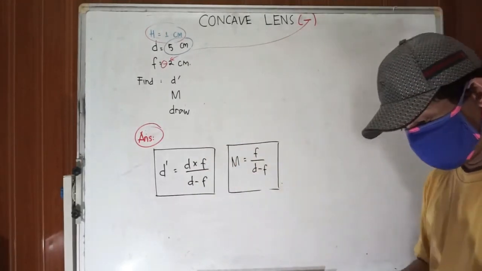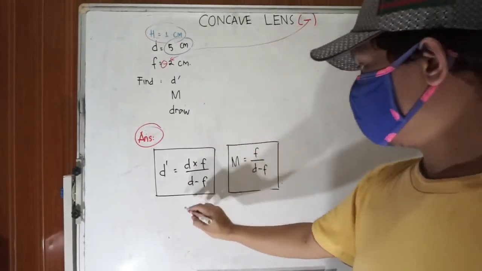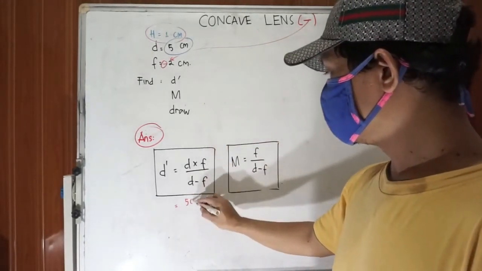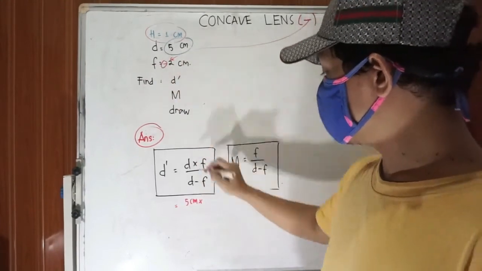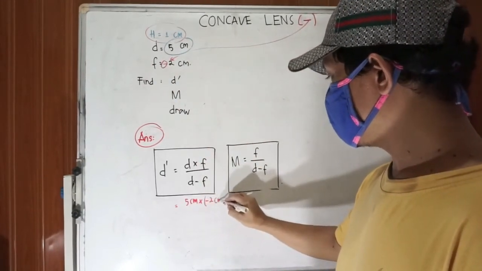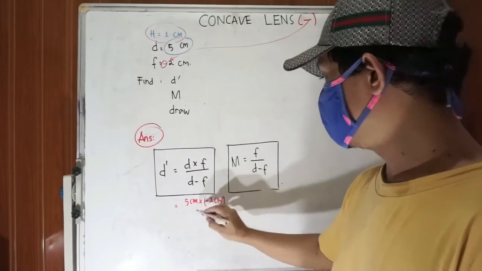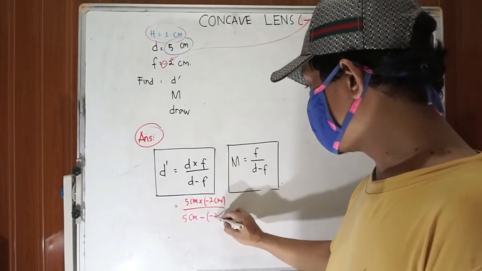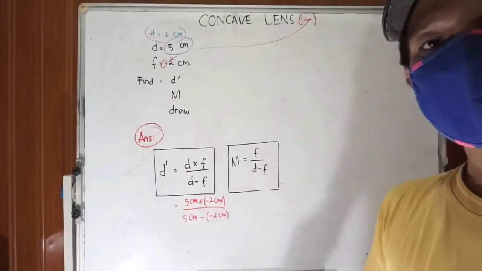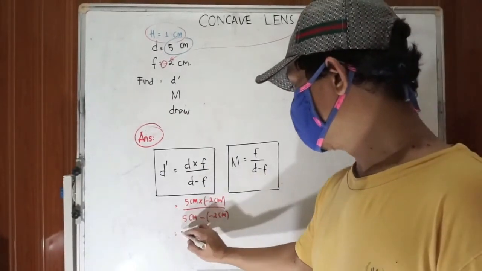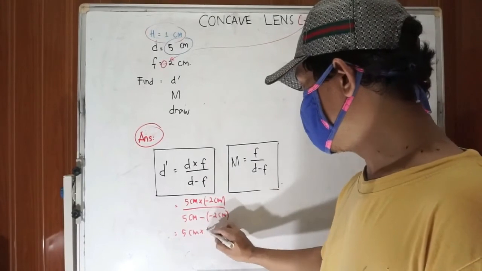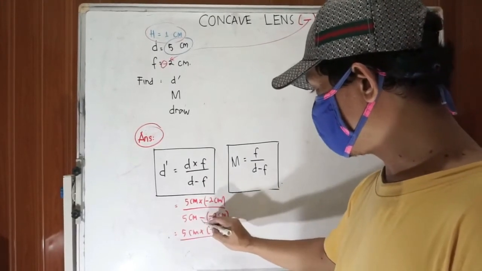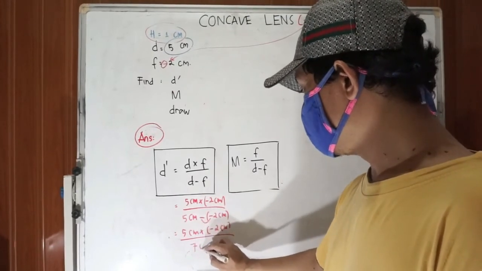Let's go. Okay, the image distance is d times f over d minus f. d is 5 centimeter. f is minus 2 centimeter. So 5 centimeter times minus 2 centimeter over 5 centimeter minus, minus 2 centimeter, this one is positive, right? 7 centimeter.